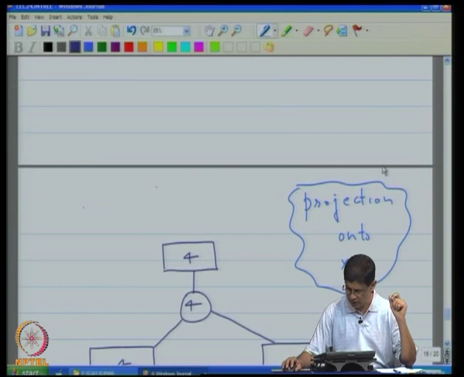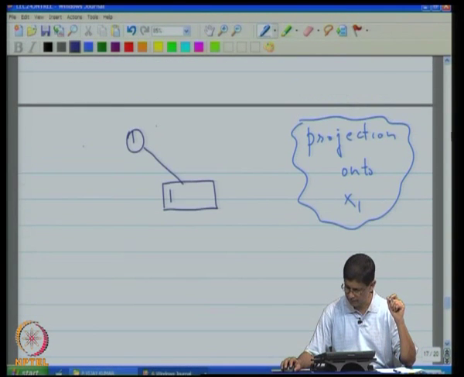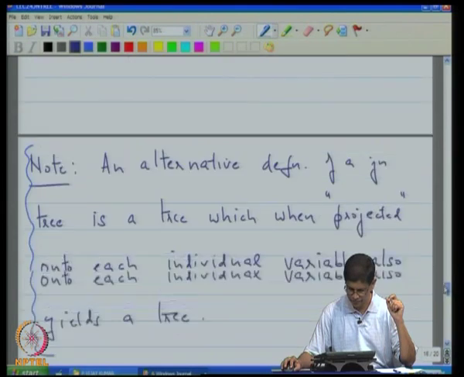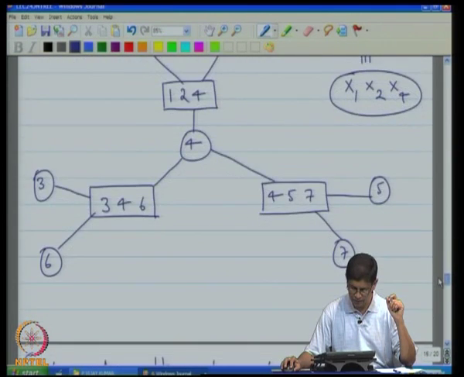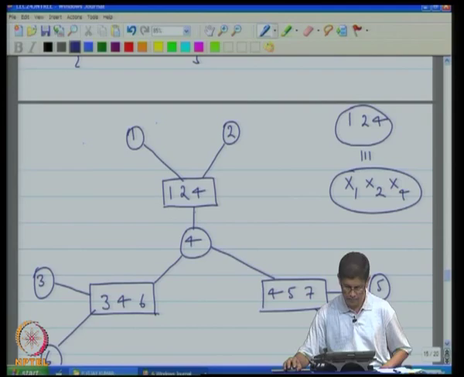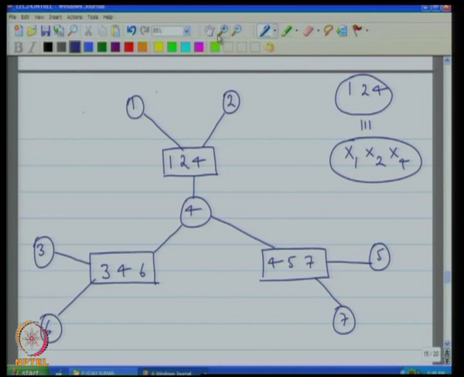The equivalence is not hard to prove, because in this graph what we required was that, for example, if 4 is present here and 4 is present in this node, then it must be present in all intermediate nodes that lie on the unique path leading from here to here.